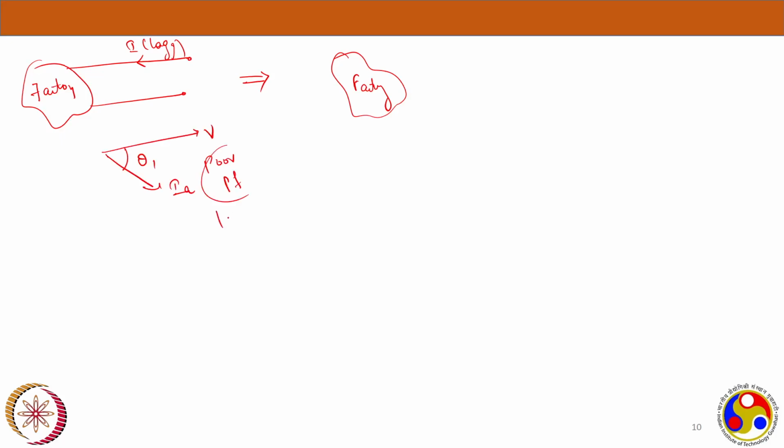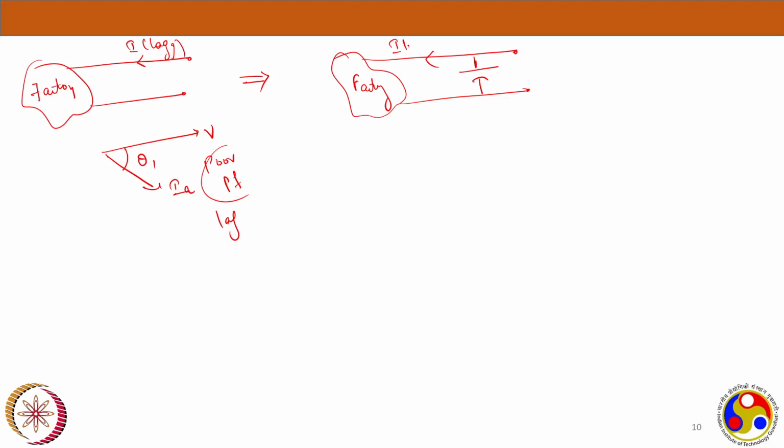Now the second case: there is a factory and this is the government. I have connected a capacitor bank here, right? The factory will take lagging current only, but the capacitor will take leading current. So whatever current is being drawn from the government will not be that much lagging.